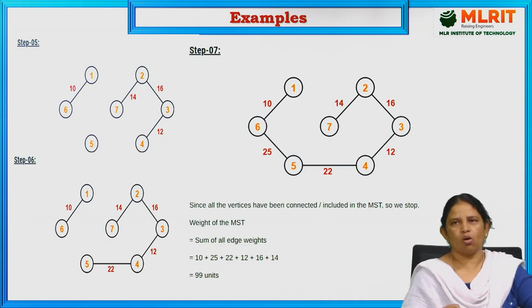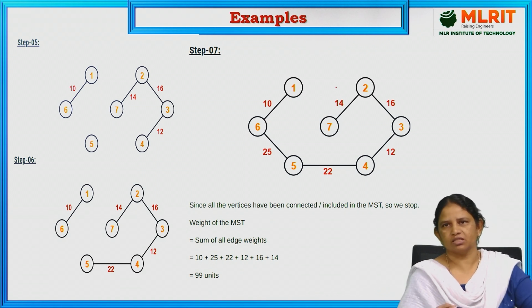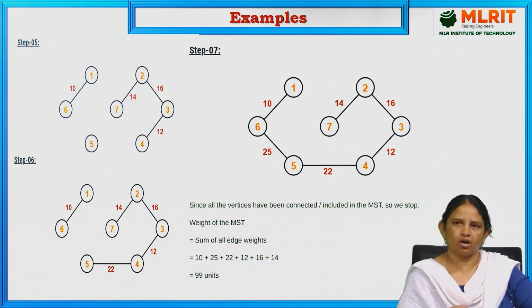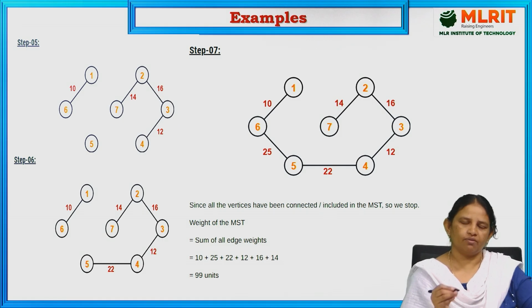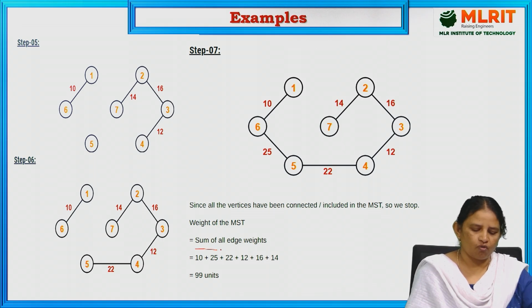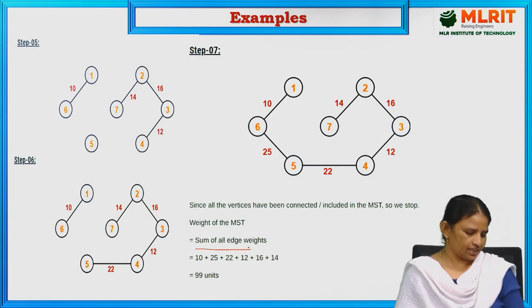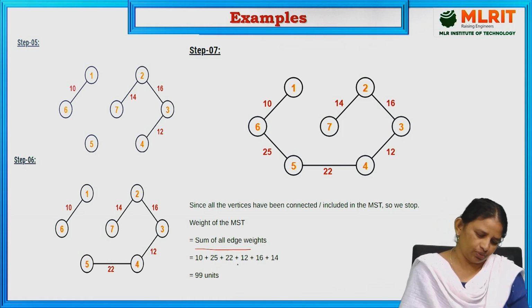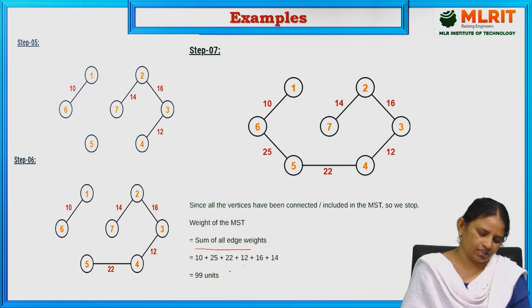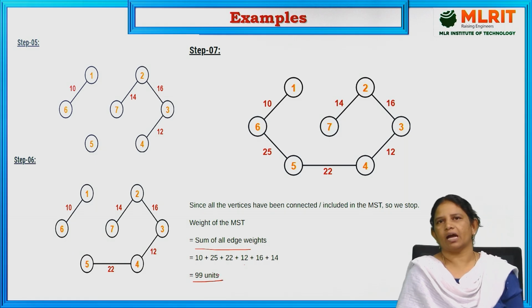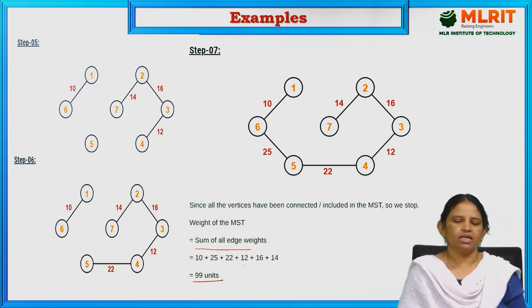After including all the vertices in the graph, the other edges form a cycle, so don't include them. Then we stop the process and calculate the total weight of the spanning tree by summing all the edge weights, that is 10 plus 25 plus 22 plus 12 plus 14 plus 16, total 99 units is the total cost of the spanning tree.